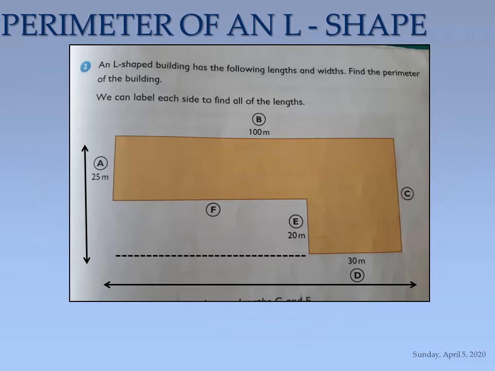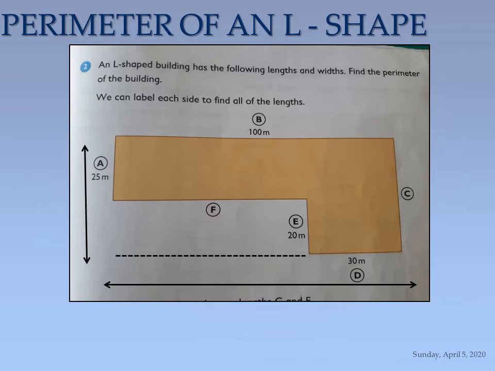It is the 30 meters that has made the opposite side here to be bent or not to be complete. So let's subtract 30 meter from 100 meter. What do we have? 70 meter.